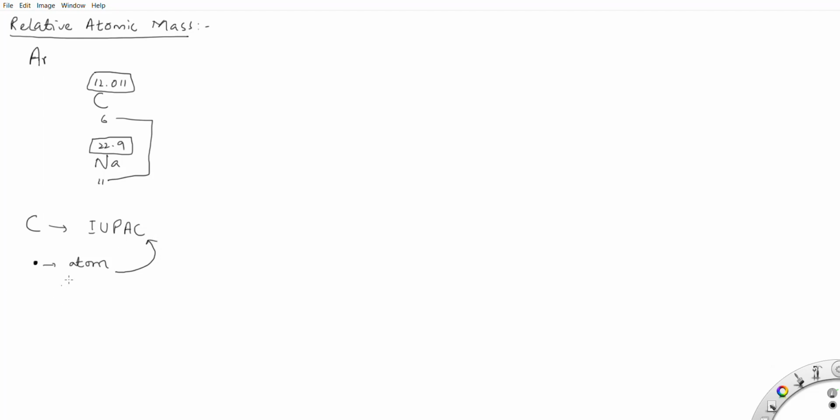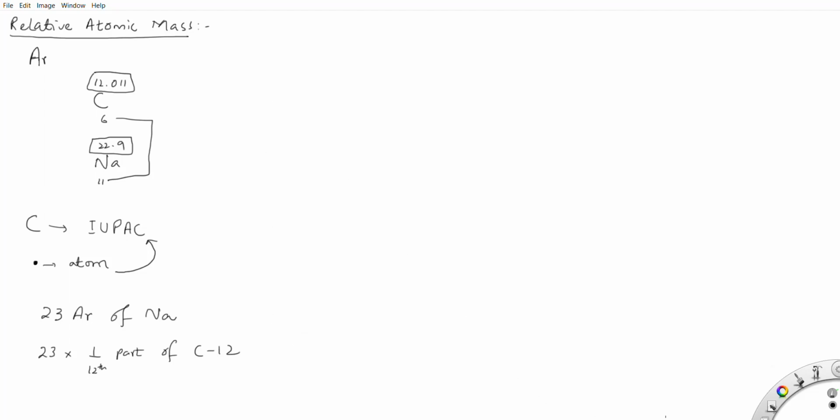So for example, let's say it's 22.9 here, I can approximate it as 23. So when I say 23 is the Ar of sodium, I mean to say that this is basically 23 times 1/12 part of carbon-12.